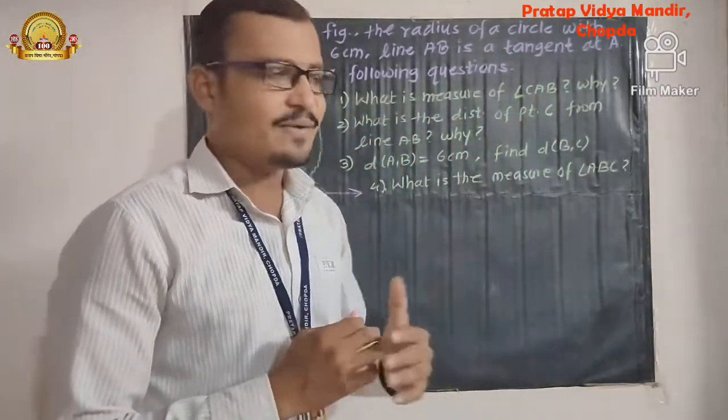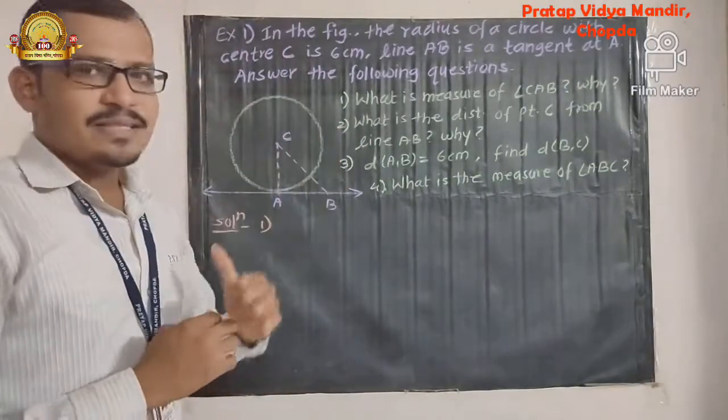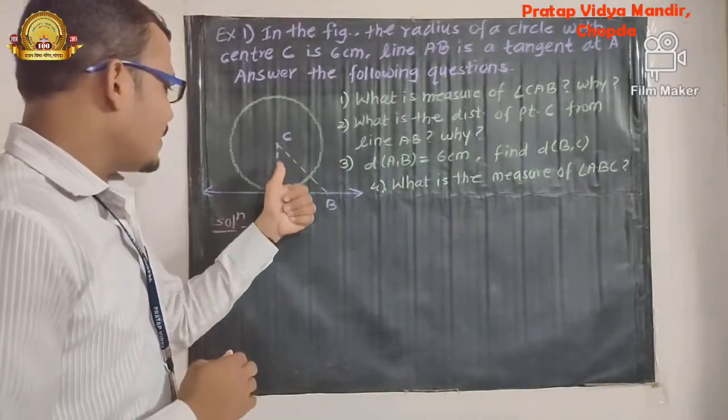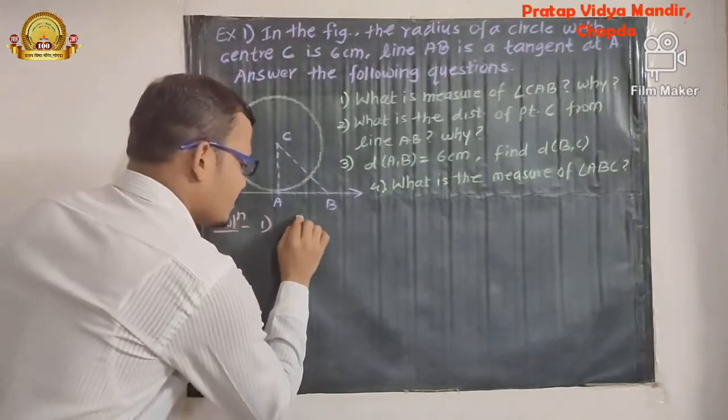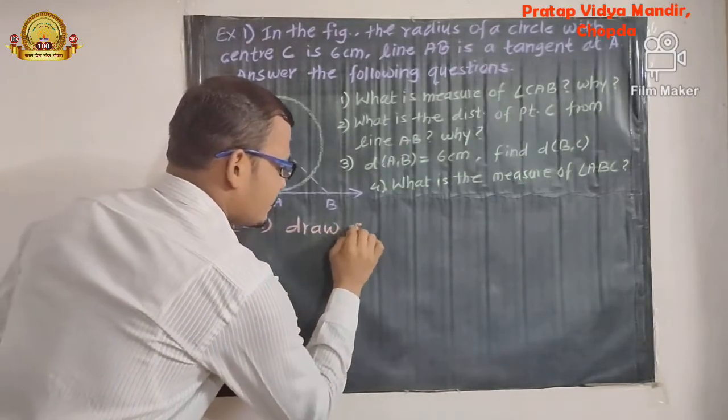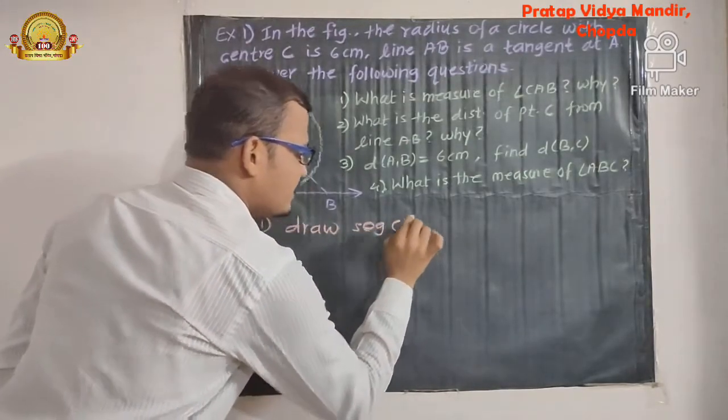We have to answer the following questions, and our first question is, what is the measure of angle CAB and why? To solve this question, first we have to draw segment CA.